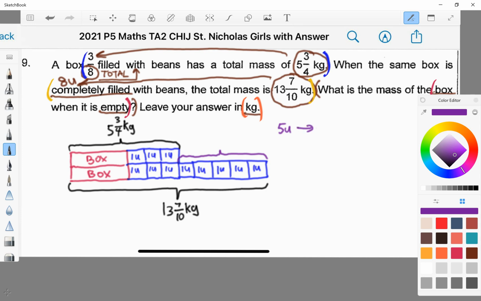This 5 units has got to be 13 7 out of 10 kilograms, minus away 5 whole 3/4 kilograms. So very thankfully, for this question, we can actually use our calculator. So we will key in the mixed numbers into our scientific calculator and proceed to solve them.